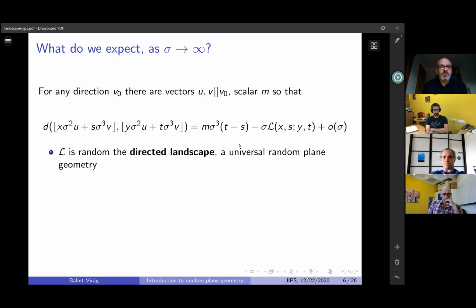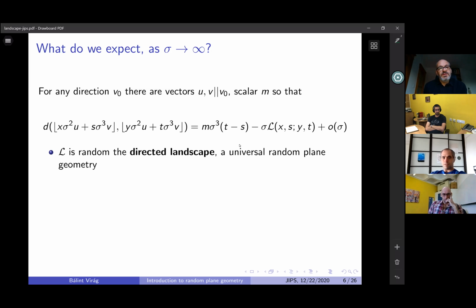So what do we expect? Here is kind of what we expect. If I give you a direction v0, then you can find two vectors: one of them is parallel to v0, and the other is not parallel to v0. So v is going to be your main direction, in which you go about sigma cubed away, and u is going to be some kind of transversal direction.